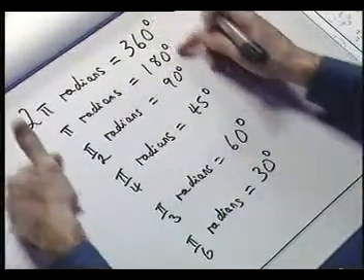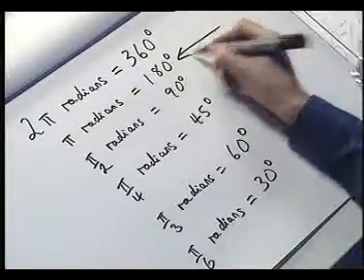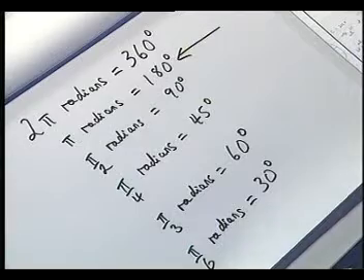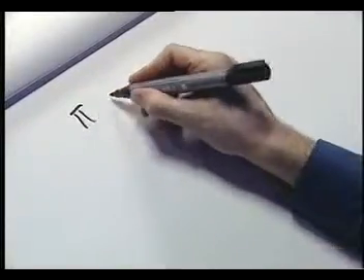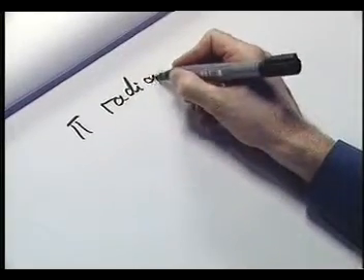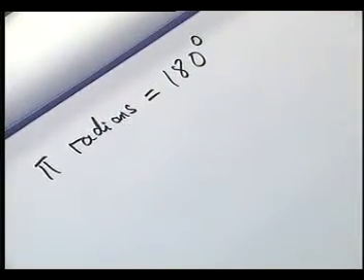Okay, we've got all of these equivalences, but the one thing we haven't got is how big is a radian in terms of degrees. 1 radian equals how many degrees? Well, we'll start with this relationship here, that pi radians is 180 degrees.